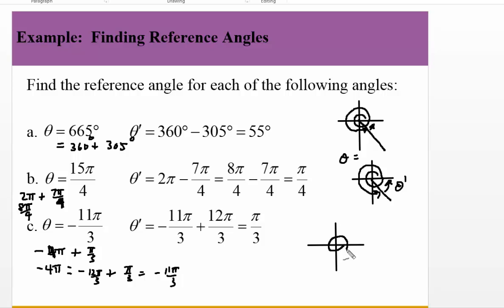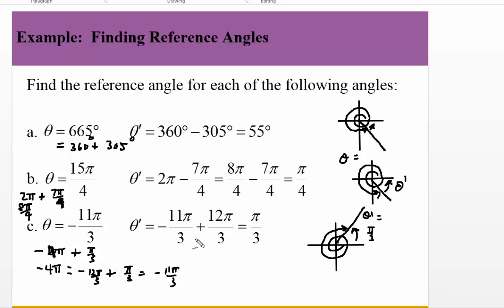Now, before I get all the way around again to negative 4 pi, I'm going to back off pi over 3, and I'm going to stop right here. So what I did is I broke this down into negative 12 pi over 3 if I went all the way around to here, plus pi over 3. And you will see that that reference angle then would be pi over 3 radians.